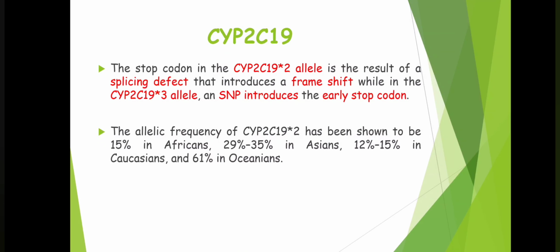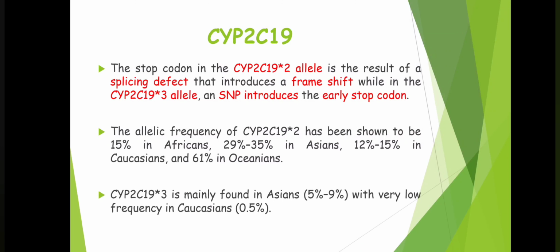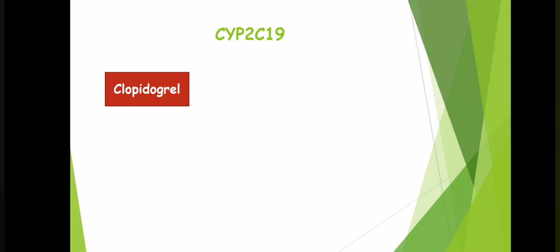The allelic frequency of CYP2C19*2 has been shown to be 15% in Africans, 29 to 35% in Asians, 12 to 15% in Caucasians, and 61% in Oceanians. CYP2C19*3 is mainly found in Asians, 5 to 9%, with very low frequency in Caucasians, that is 0.5%.